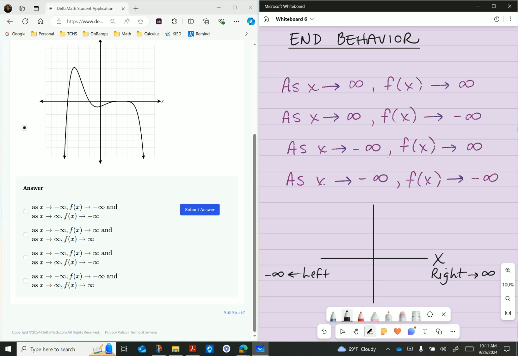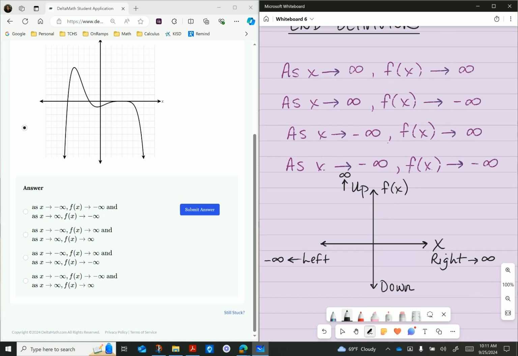Likewise, if we look at the y-axis, or in this case, our f of x function, we're going to label it as f of x, or g of x, h of x, depending on what your function is called. But regardless, the y-axis has the job of analyzing the up-down movement. And just like the x-axis, the further up you go, we go to positive infinity, and the further down we go, we get really small numbers, negative infinity, okay?